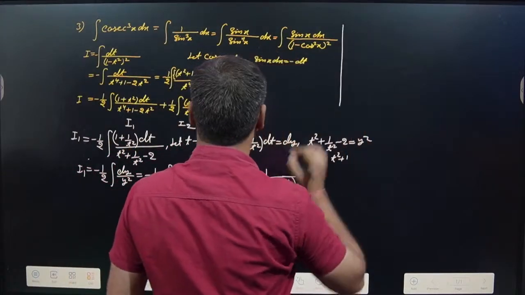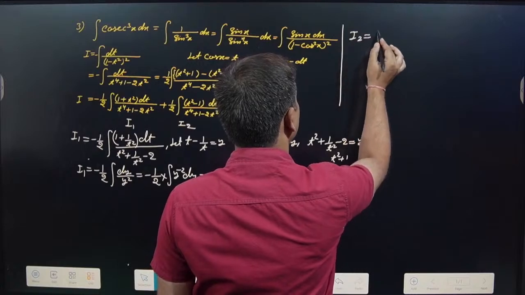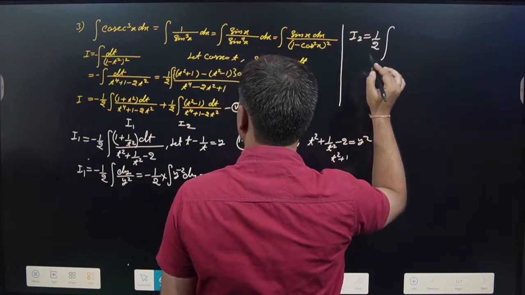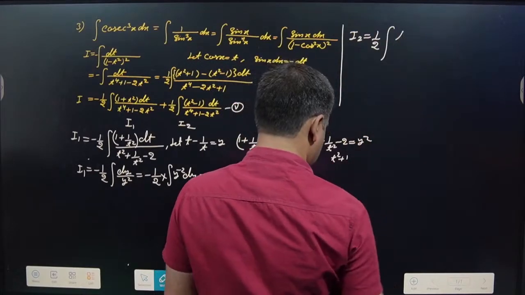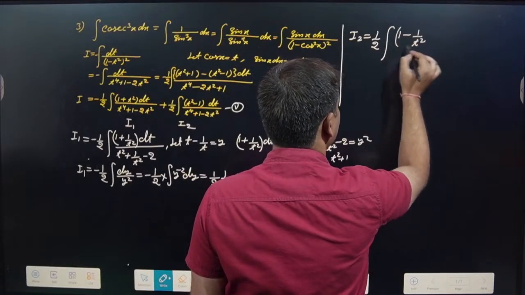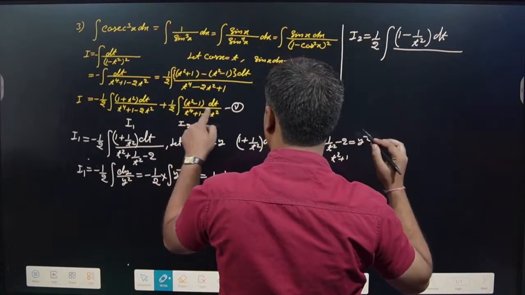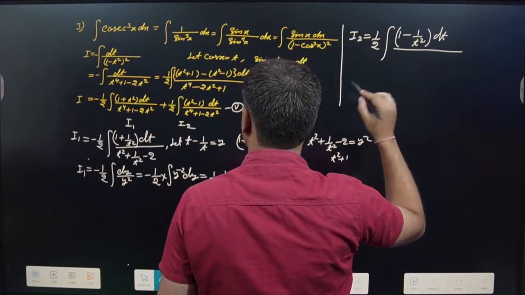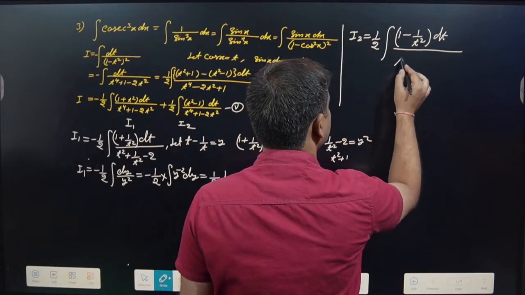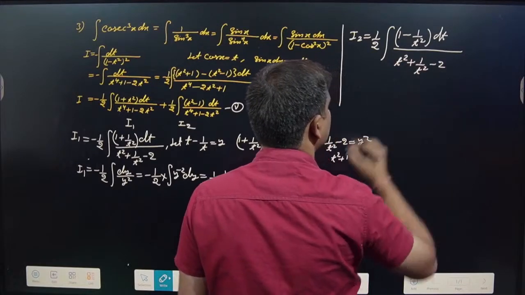Look here. I2 is 1 by 2 into the integration of, again here also 1 minus 1 by t square divided by t square, numerator and denominator, then numerator is written 1 minus 1 upon t square dt divided by t square plus 1 by t square minus 2.